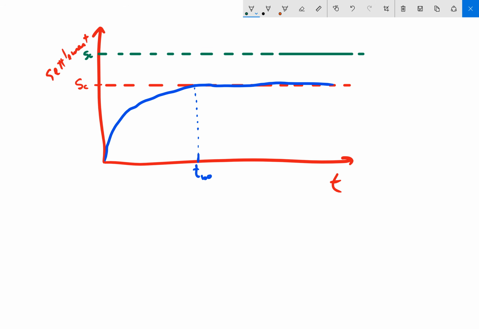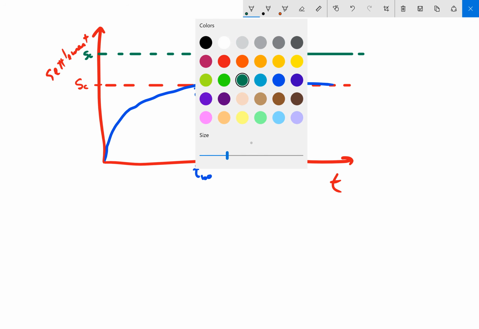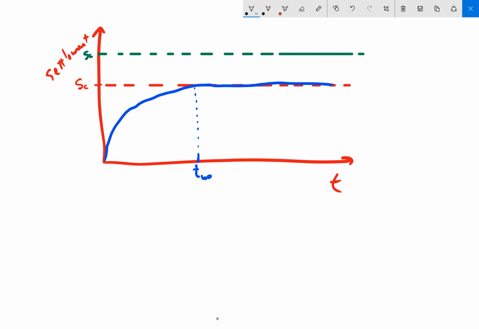So what's going to happen if I plot this consolidation curve is the soil is going to consolidate. It's going to follow the same kind of path, and it's going to look something like this, where it's going to still take about the same amount of time to hit the total amount of settlement, or to get 100% consolidation.